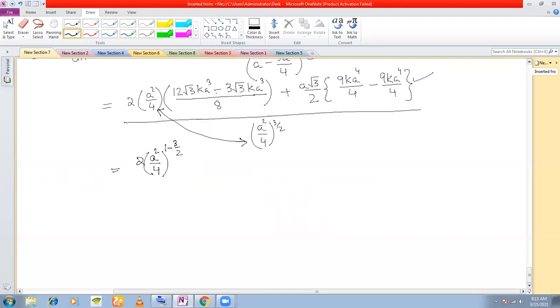And here 12 root 3 k a cube minus 3 root 3 k a cube by 8 will give you 9 root 3 k a cube by 8. Right?